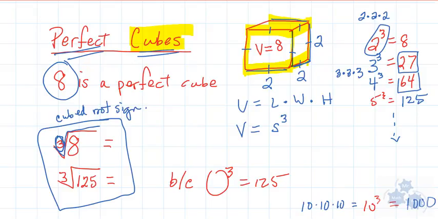So what it's requiring of us here is, is there a number that you can multiply by itself 3 times to get 8? And of course you know that that's 2, right? This is saying, is there a number when multiplied by itself 3 times gives us 125? And you know that that's 5.